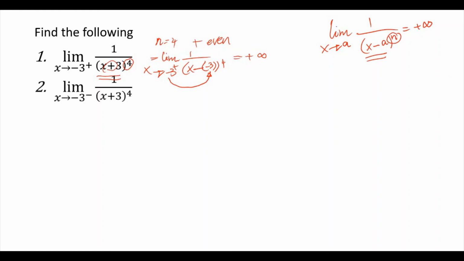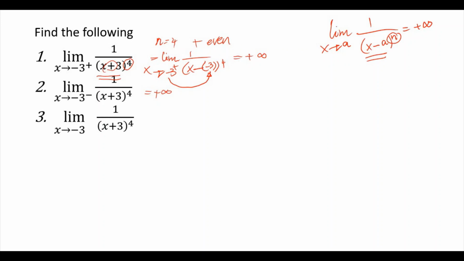Let's look at the second example. The second example is exactly the same, but here we're looking for the one-sided limit, which is the limit when x approaches negative 3 from below. Using the same idea here, and because this exists, I know that the limit from below is similar, which is equal to positive infinity.